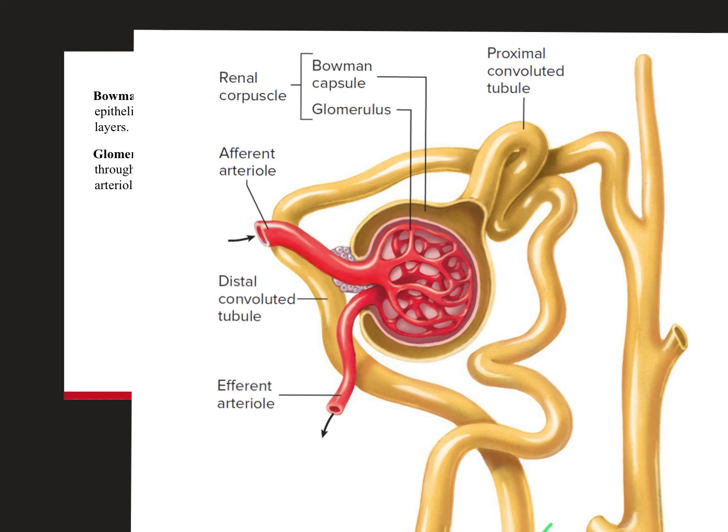Arrive. So afferent is always going to be coming in. Efferent, which is where things exit, is always going to be something leaving. In this case, it's coming into or leaving the renal corpuscle. In the nervous system, it was into or out of the central nervous system. Does that make sense?